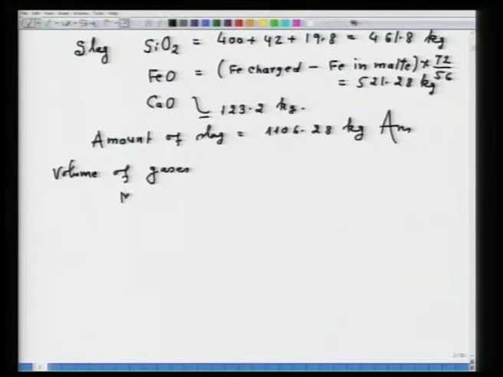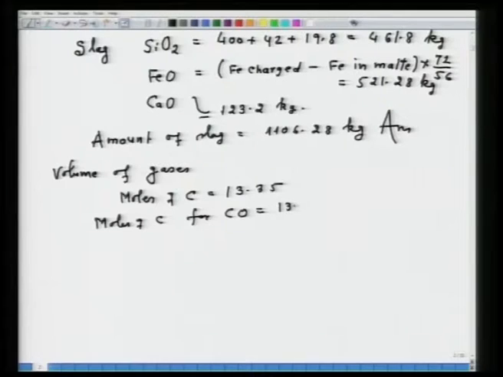So, moles of carbon is equal to 13.35. Then depending on the ratio, moles of carbon for CO will be equal to 13.35 upon 2, and that of CO2 will also be 13.35 upon 2, because it is a 1:1 ratio.